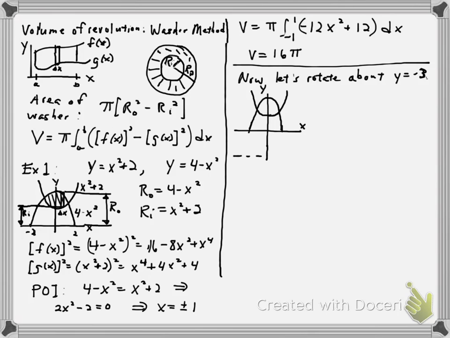This is called our axis of rotation. This is our line, y equals minus 3. So now what we're going to do is we're going to rotate about the line y equals minus 3. So if we construct a representative rectangle, it has width delta x.